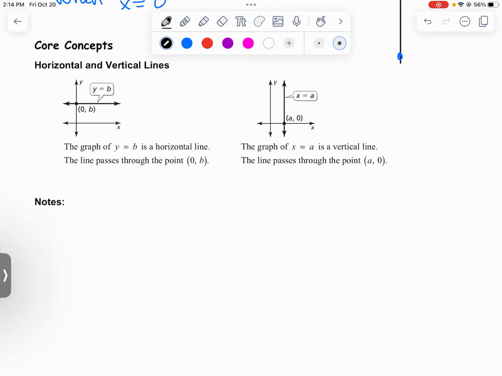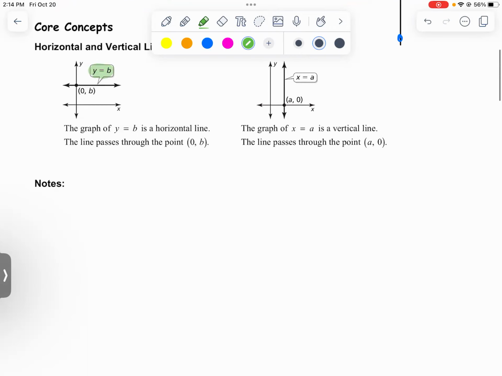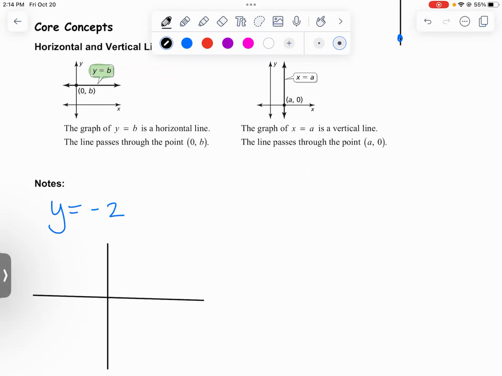Anytime we have a horizontal line, we are going to have y equals a number. Okay, so for example, if I have the equation y equals -2, that means on my x and y axis, I would have a horizontal line that would go through at y equals -2.